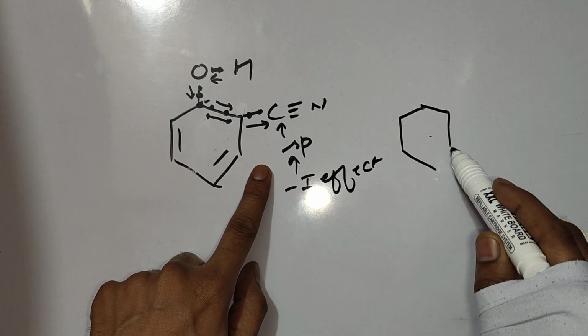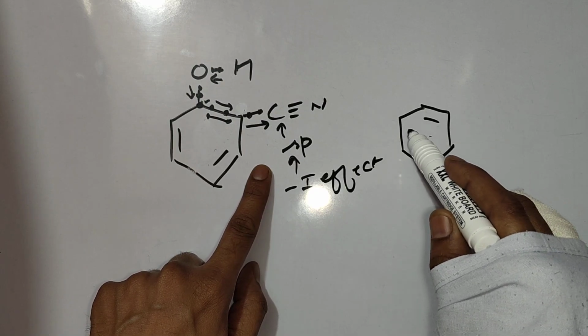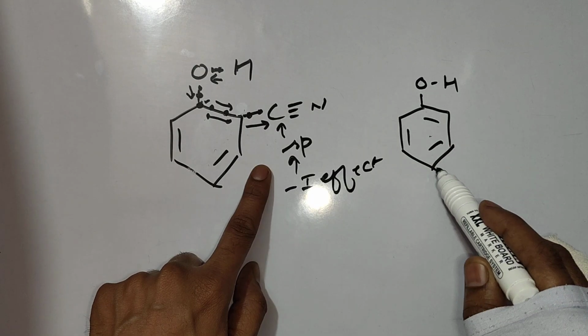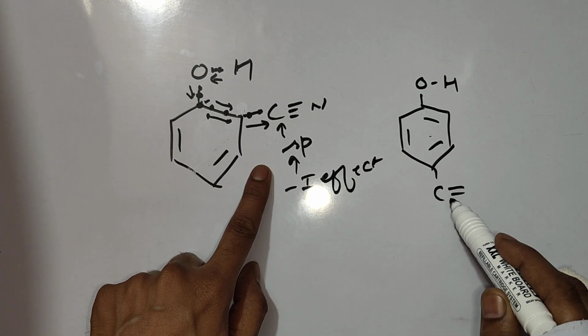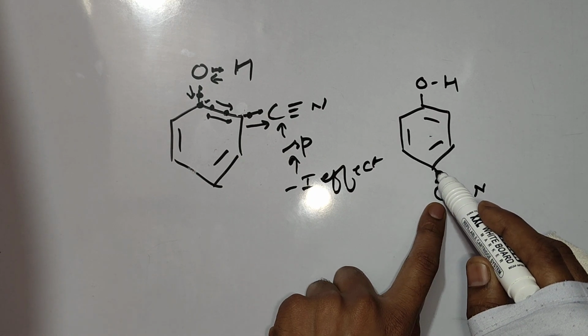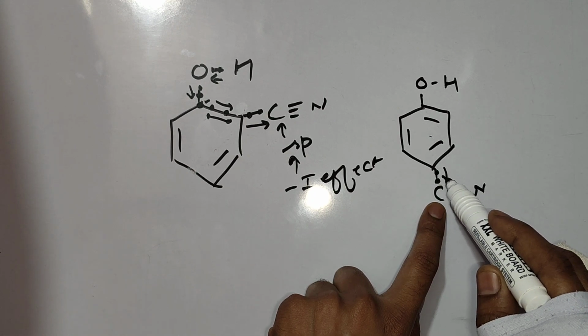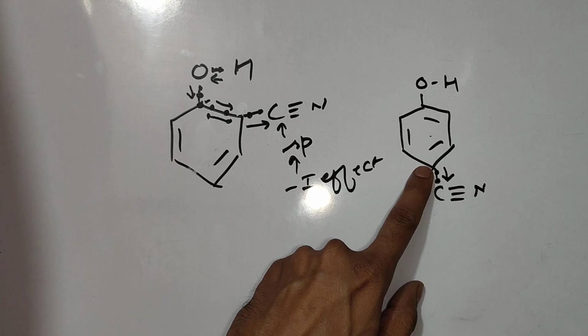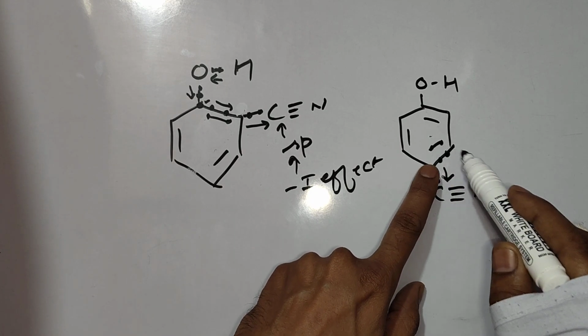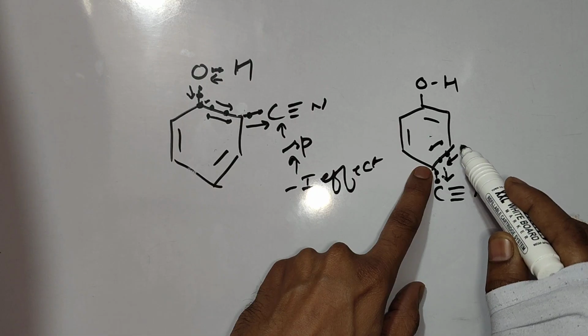Minus I, plus I, both effects depend on distance. For example, if a cyanide group is here, again carbon will attract electrons from this carbon because sp carbon is more electronegative than sp2 carbon. In turn, this carbon will start attracting electrons from this carbon.